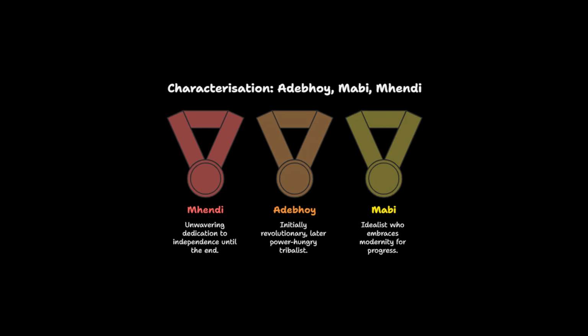Adebhoy, who is a fellow Pan-African with Udomo, is presented initially as a stalwart revolutionary who paves the way for Udomo not only in London but mostly in Pan-Africa, where he seeks funding for the new government, but is however later presented as a very power-hungry tribalist.